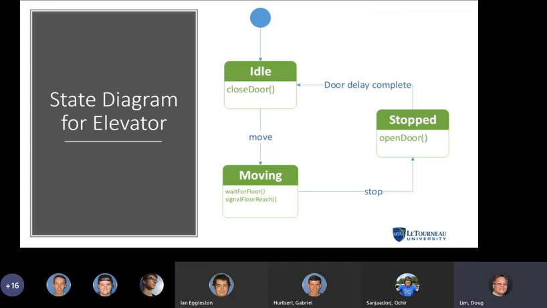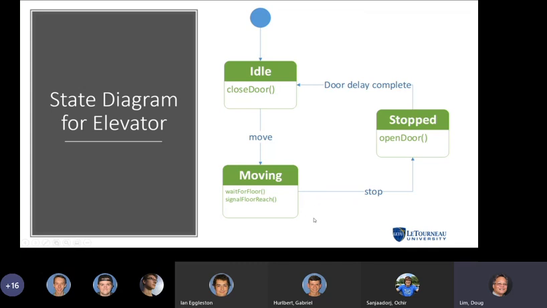So we could have an extra action item that there is a feedback sensor or something that we tell the feedback sensor, please signal me when I reach this floor. And when that floor is reached, then an event comes back in that will tell me to stop.